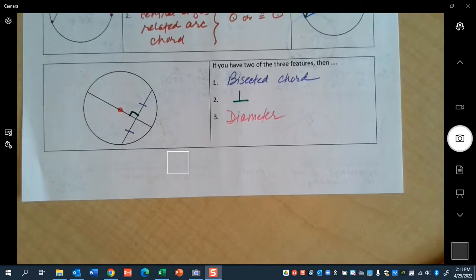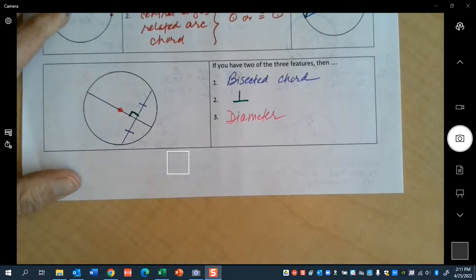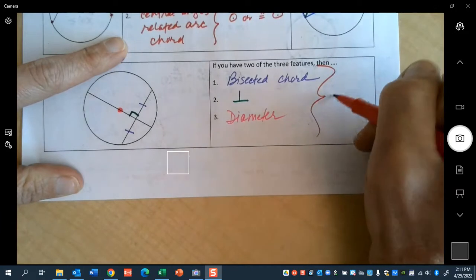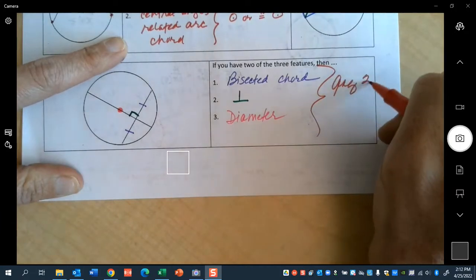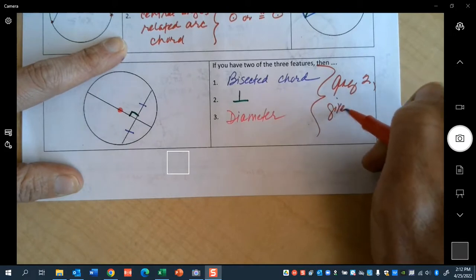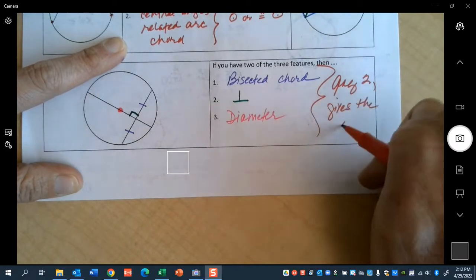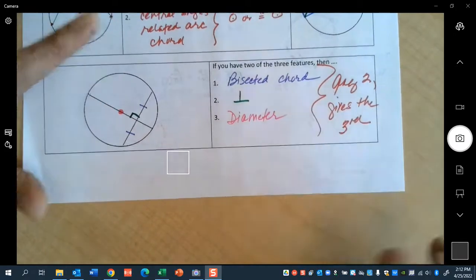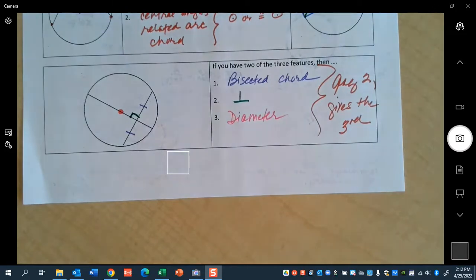And this is where we have to realize that if I have any two of those, it is going to give the third. So any two of those shapes is going to give the third.